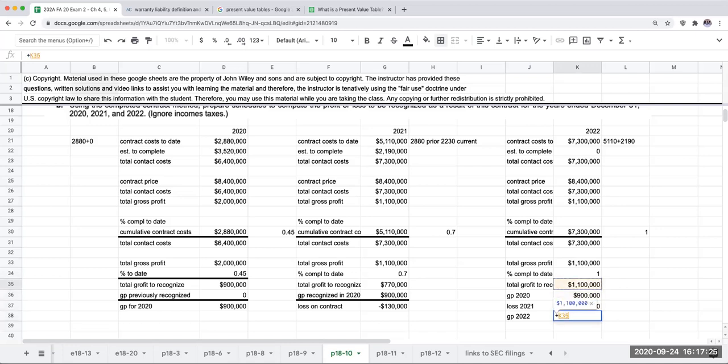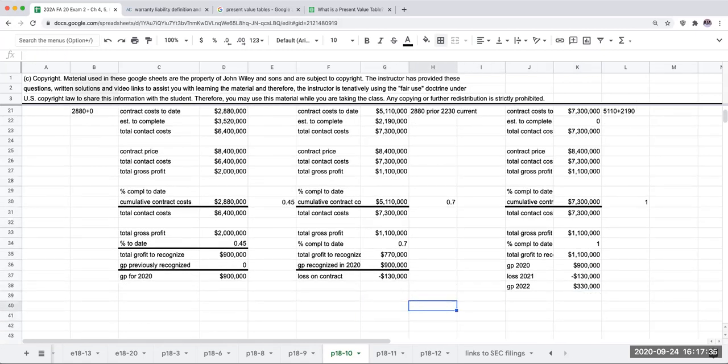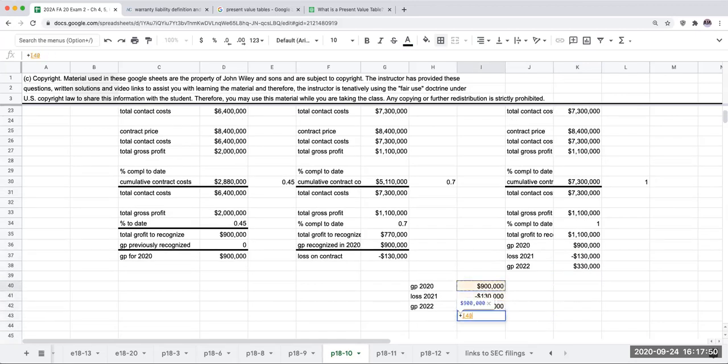So this is going to be 1 million less 770, or 330,000. So let's check our work. Here I've got gross profit of 2020, loss of 2021, gross profit here. When I add up these three amounts, they have to equal $1.1 million.